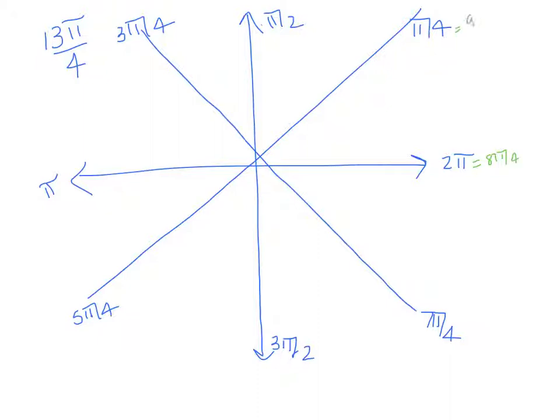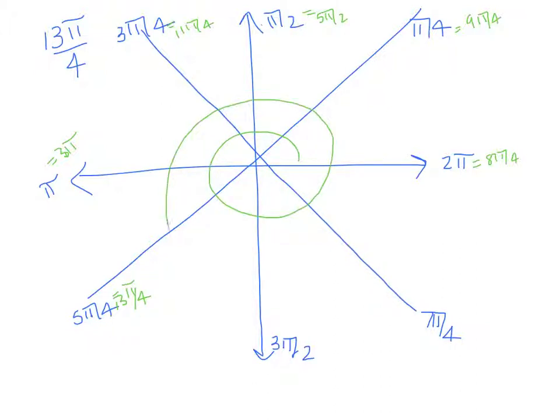So this will be 9 pi over 4, 10 pi over 4, but you always have to reduce it, 11 pi over 4, 12 pi over 4, which now would be 3 pi, and now this would be 13 pi over 4. So we went around 1 full time, and then we had to come back around and stop right here.